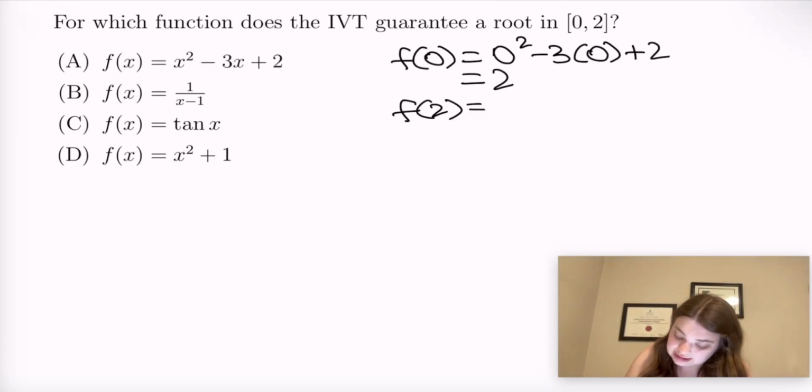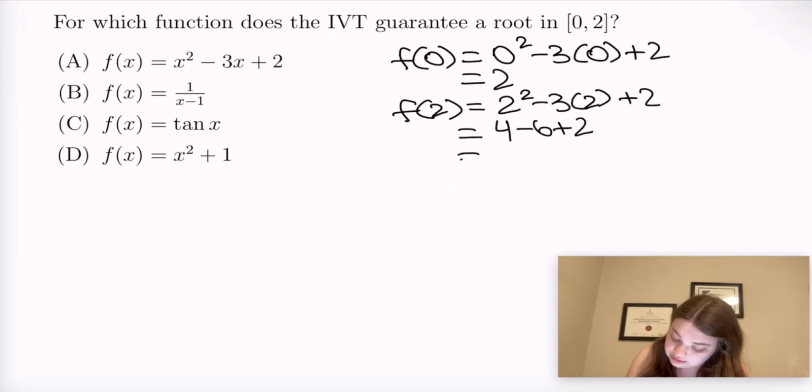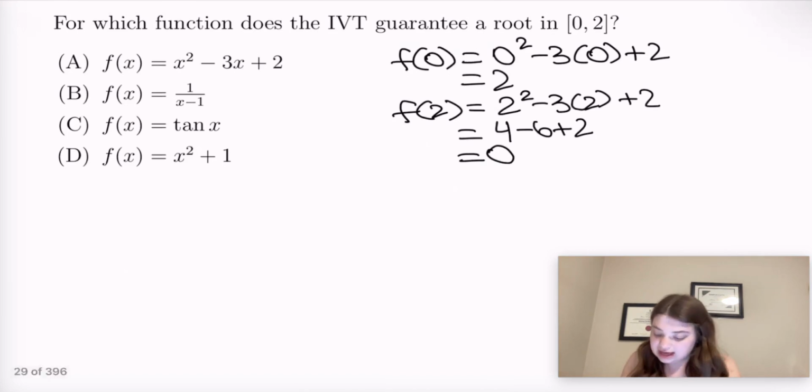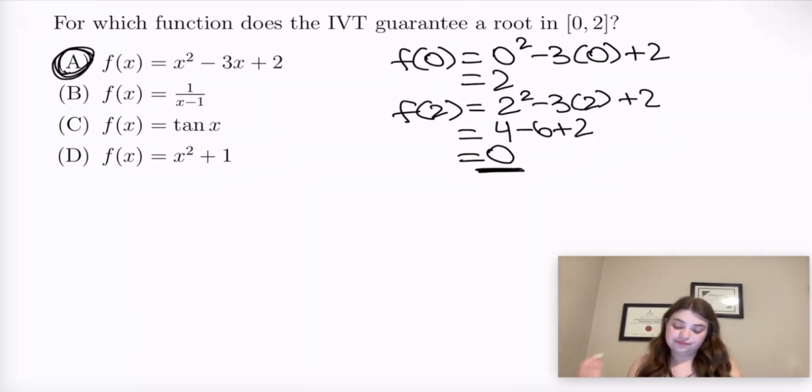f of 0 would be 0 squared minus 3 times 0 plus 2, which is 2. And then what about f of 2? f of 2 is equal to 2 squared minus 3 times 2 plus 2, which is 4 minus 6 plus 2, which is equal to 0. And so because we did get a 0 there, this would be the answer, right?